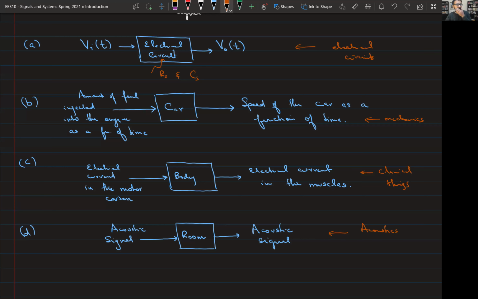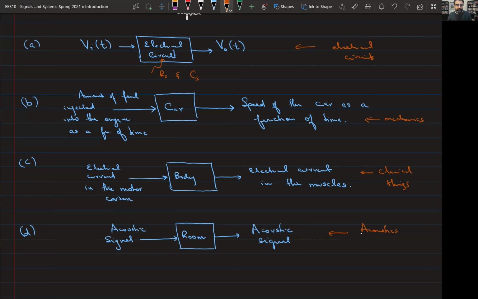Right, so the point I was trying to make was that all of these 4 examples appear to be drawn from different areas, from electrical, from mechanical, from electromechanical, from neurological systems and so on and so forth.